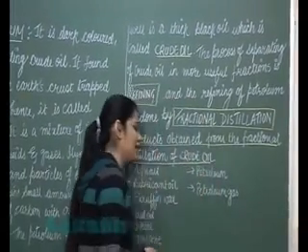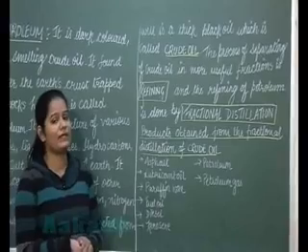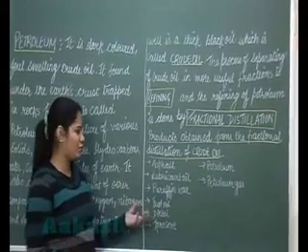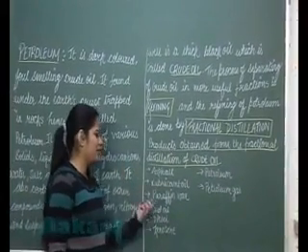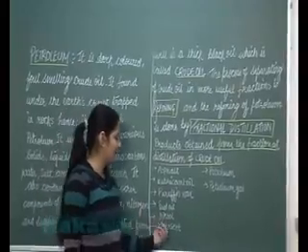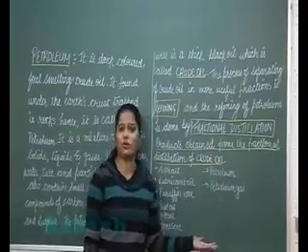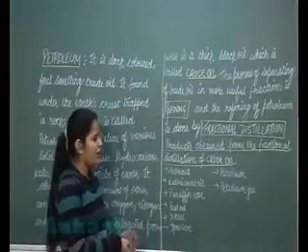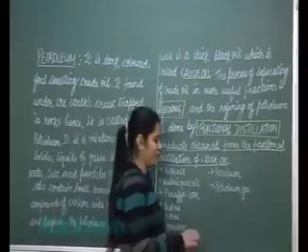So student, these are the useful products that we get by the fractional distillation of petroleum. These are asphalt, lubricant oil, paraffin wax, fuel oil, diesel, kerosene, petrol, petroleum gas. Now student, let's discuss the uses of these products.